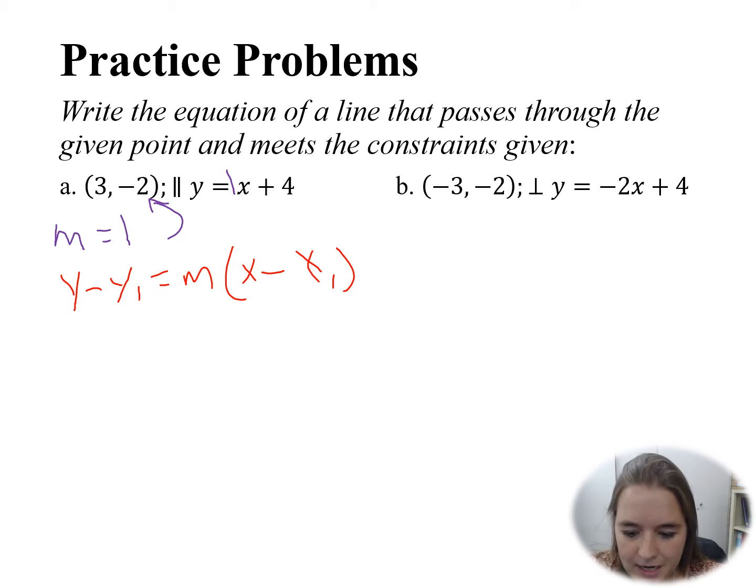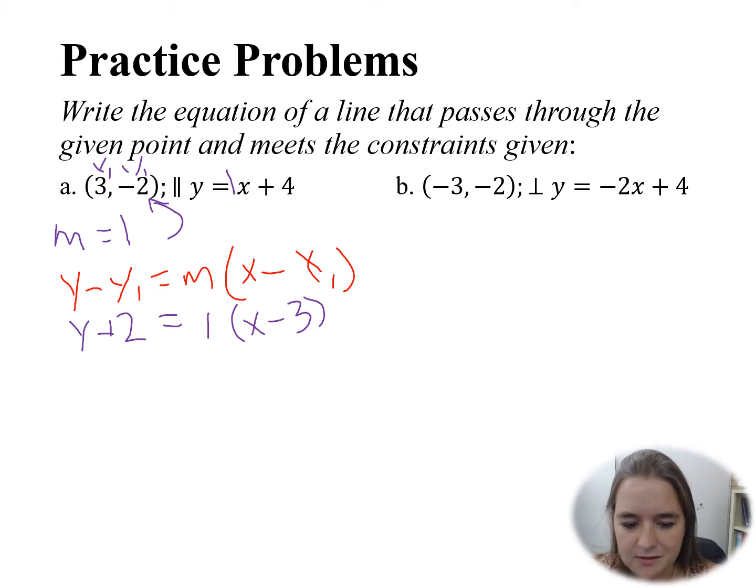I have an m value of 1. I see x1, y1. My x1 value is 3, and my y1 value is a -2. So minus a -2 is going to be the same as plus 2. Well, now I want to write the equation of the line in slope-intercept form.